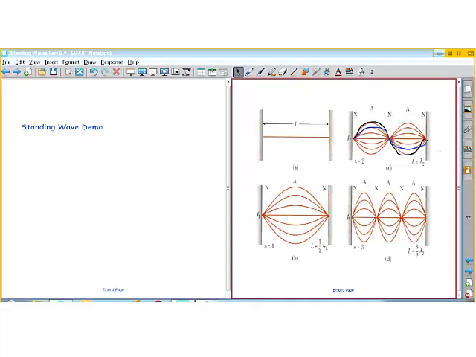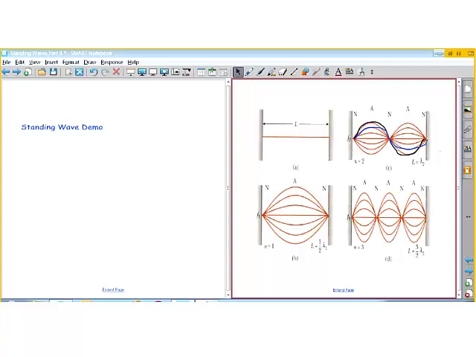Here's the case with three, and it turns out if you look at a sine wave, this is only half of a sine wave. If we looked at one particular instant in time, the other half would be over here. So the distance between the two sides that are being restrained is equal to 1/2 the wavelength of the wave that's moving back and forth on this.